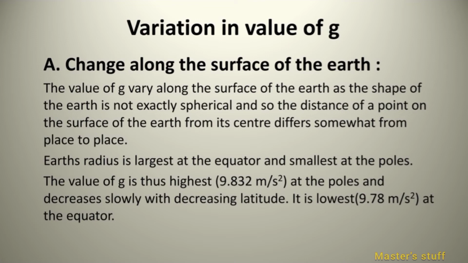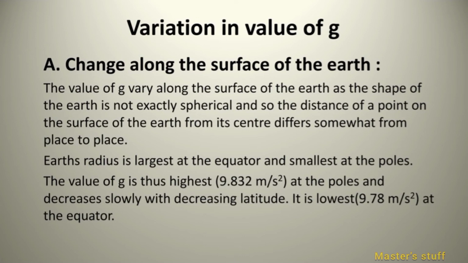The earth's radius is largest at the equator and smallest at the poles. Thus, the value of g is highest at the poles and decreases slowly with decreasing latitude. Thus, it is lowest at the equator.